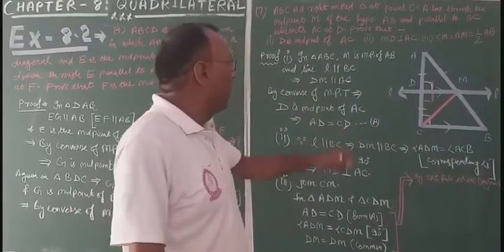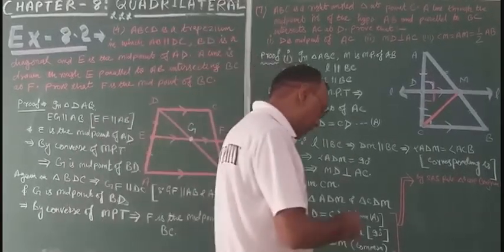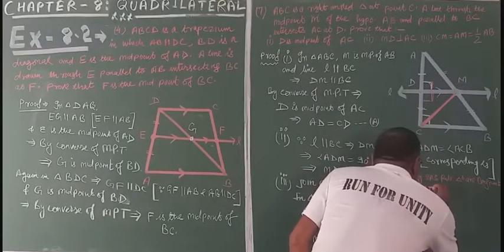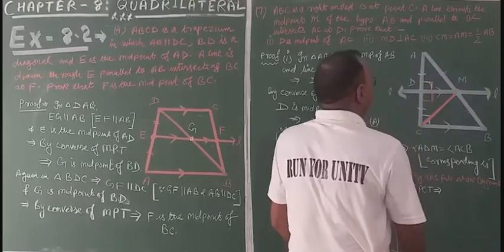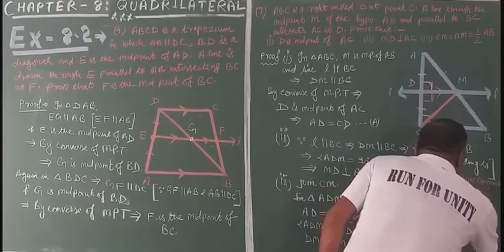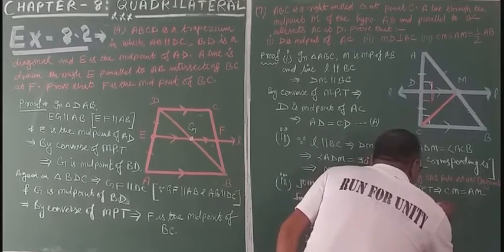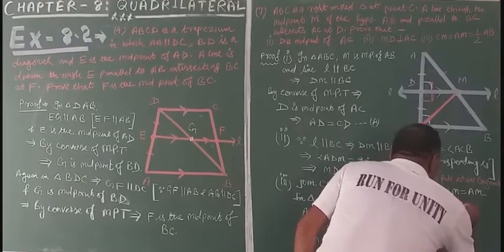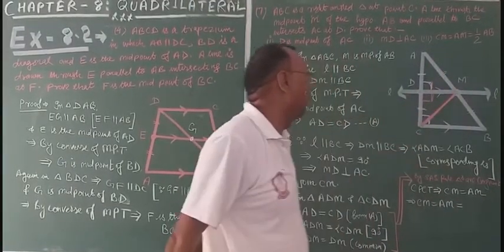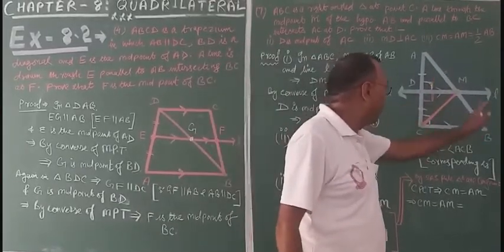Now we have to prove CM is equal to AM is equal to half of AB. Therefore, by CPCT, CM is equal to AM. Is it clear? And what is this AM? M is the midpoint of AB.